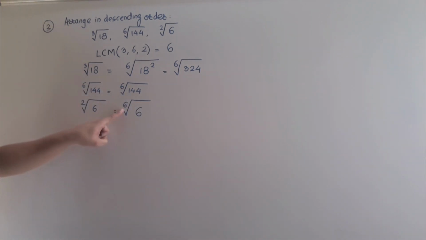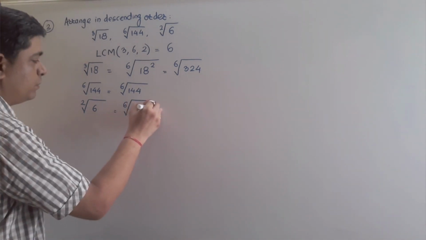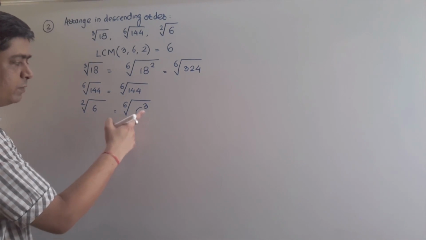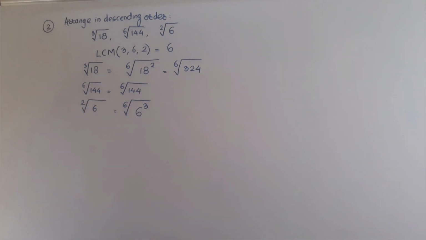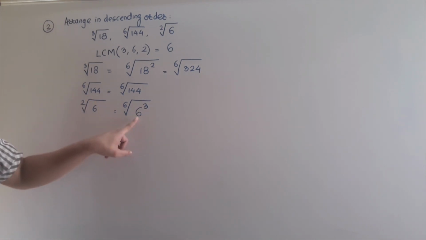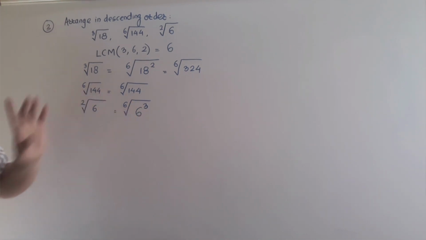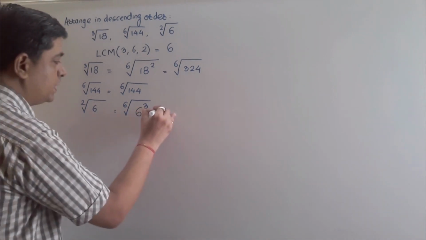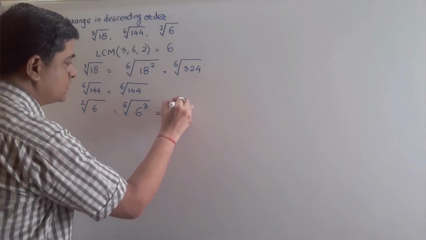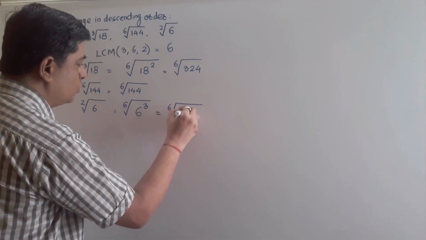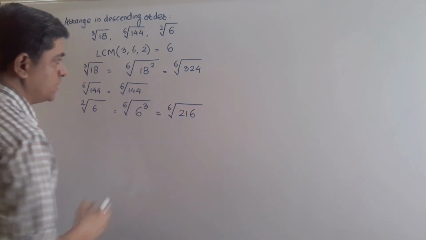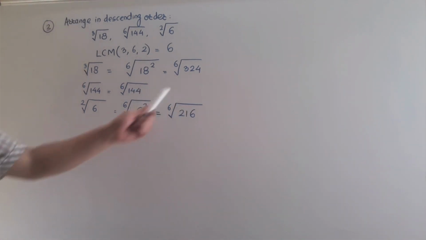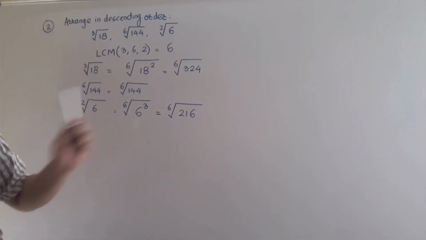Now 6 divided by 2 is 3, so the power of the inner 6 will be 3. Once again, 6 divided by 2 gives 3. So it becomes 6th root of 216.